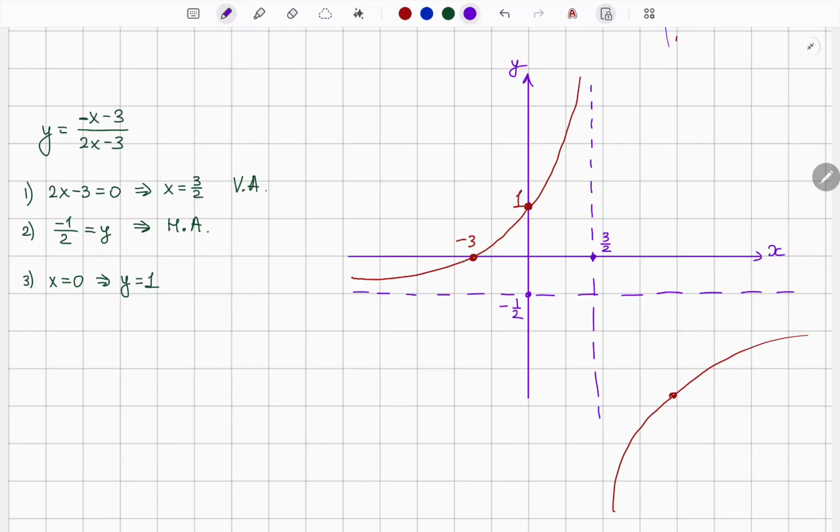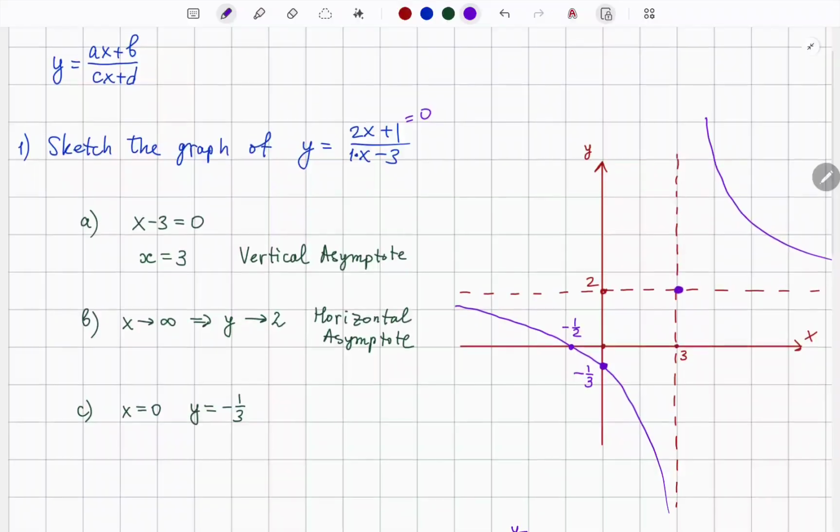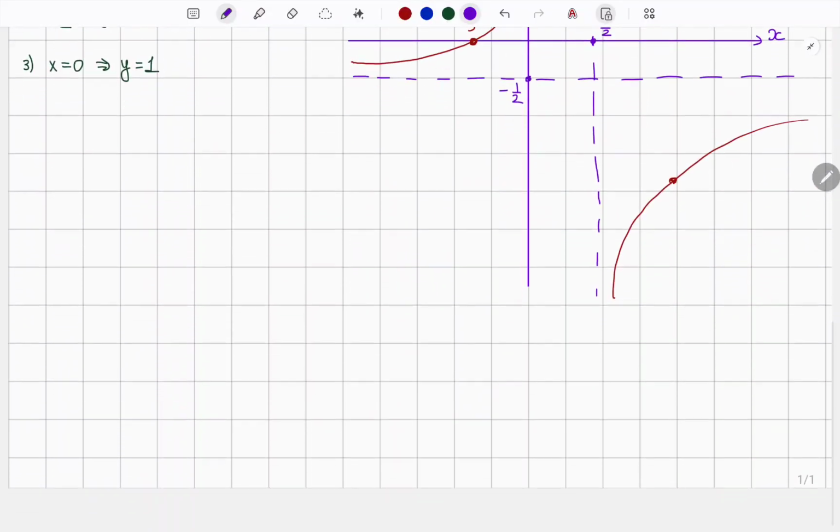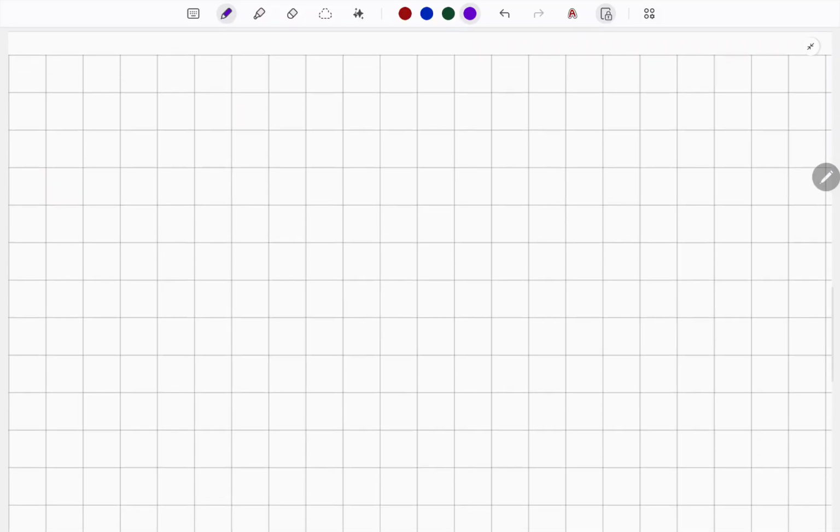Don't forget to check your work whenever it's possible, using technologies, using graphing utilities. It will make your experience richer. Okay, so this is how the graph of the rational function can be drawn very quickly.